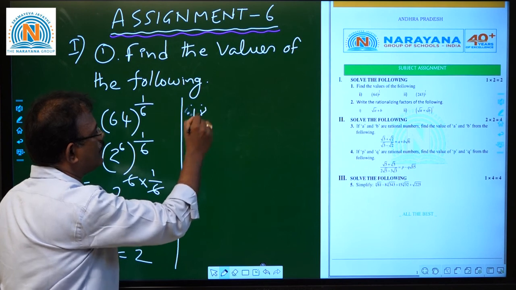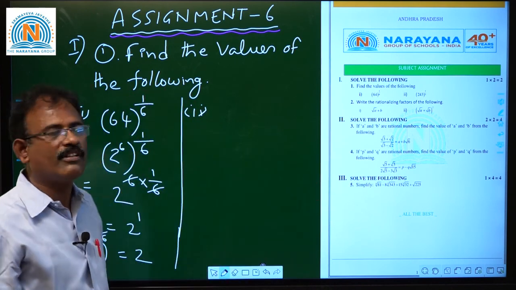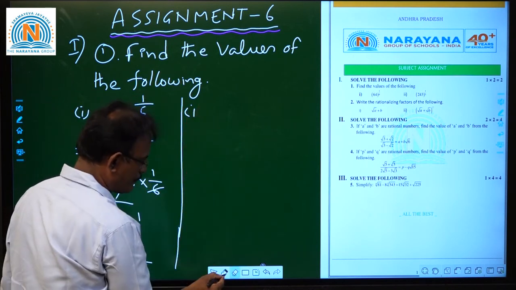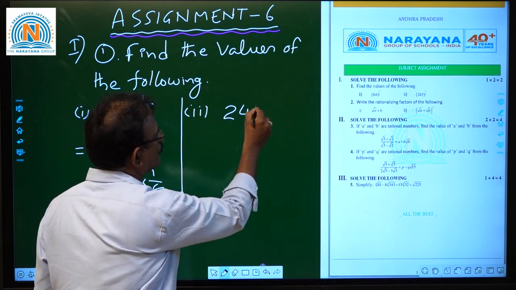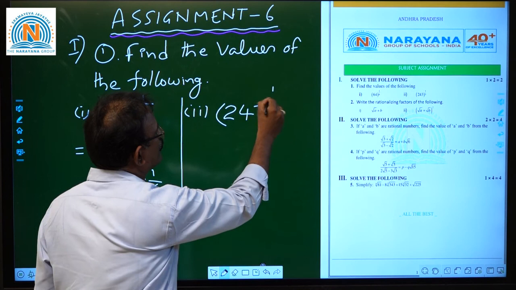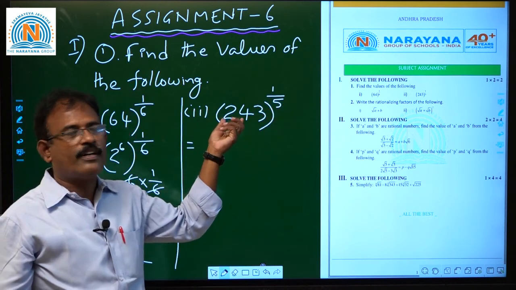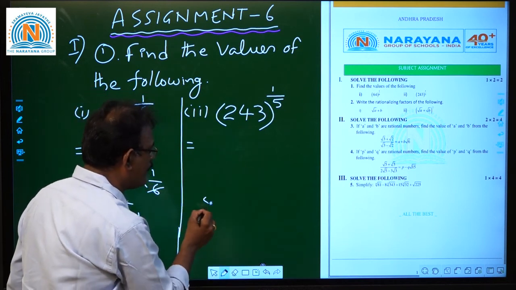Now come back to the second one of the first question, children. This is 243 whole to the power of 1 by 5. We know very well, children, 243 is 3 raised 5 times.